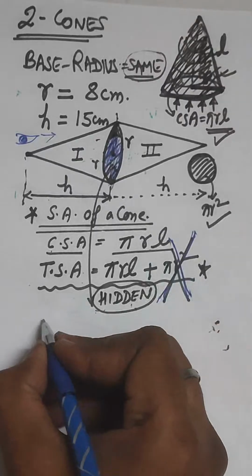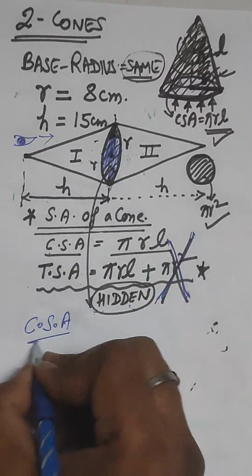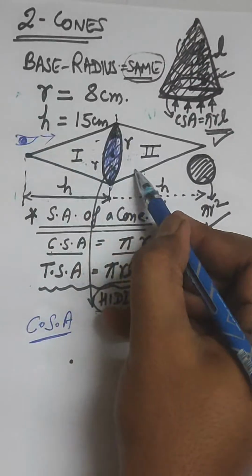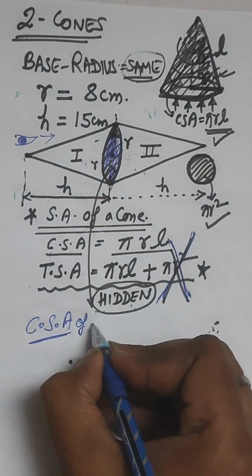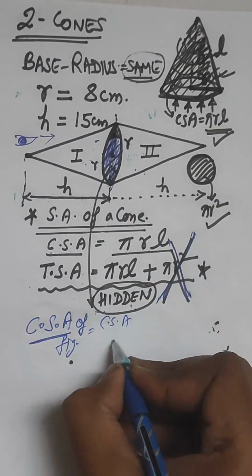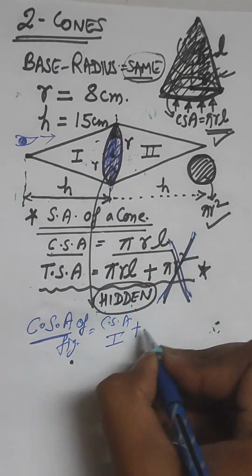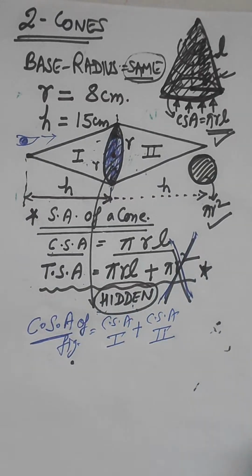So the curved surface area, what is that? Let us calculate. Curved surface area of the figure is equal to curved surface area of cone 1 plus curved surface area of cone 2, right?